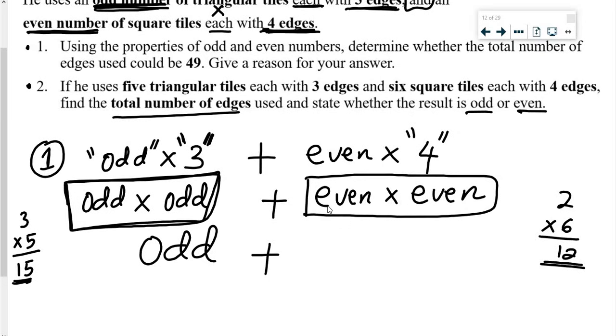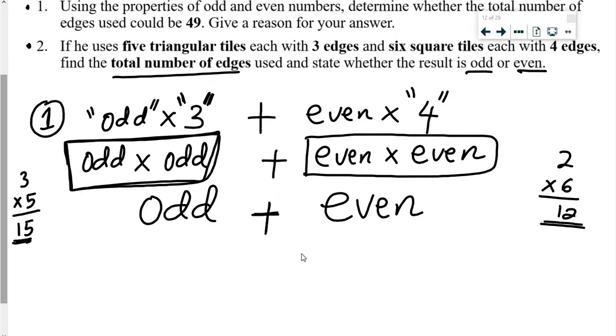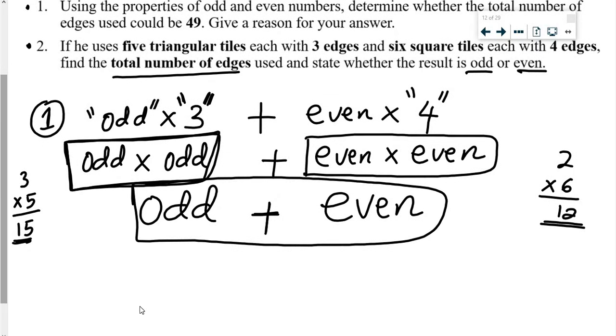So that means even times even is even. Now last part. What is odd plus even? A lot of people will make mistakes here. Odd, that means think of any odd number, call it 3.